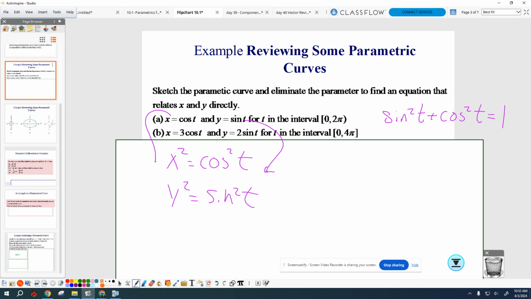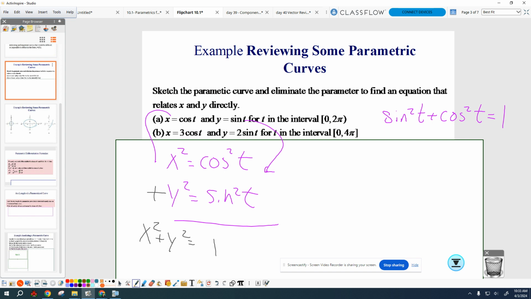This is pre-calc. If y equals sine, doesn't y squared equal sine squared? Use a circle. And then if I add them straight down, x squared plus y squared equals cosine squared plus sine squared, which is 1. As he said, it's a circle centered at the origin with a radius of 1.